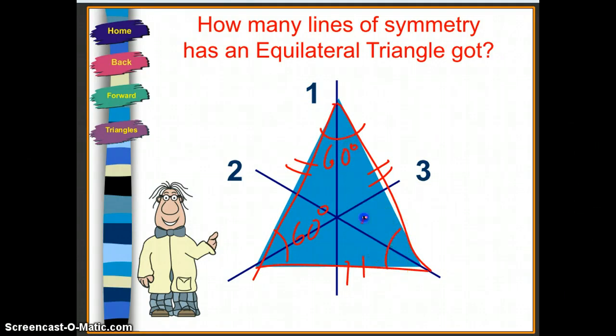Always. Okay? Angles in a triangle always add up to 180. So because of that, you can see if I folded it through this line, it would fold onto itself, this line it would fold onto itself, and that line it would fold onto itself. So it's actually got 3 lines of symmetry. It's a special triangle, an equilateral triangle.